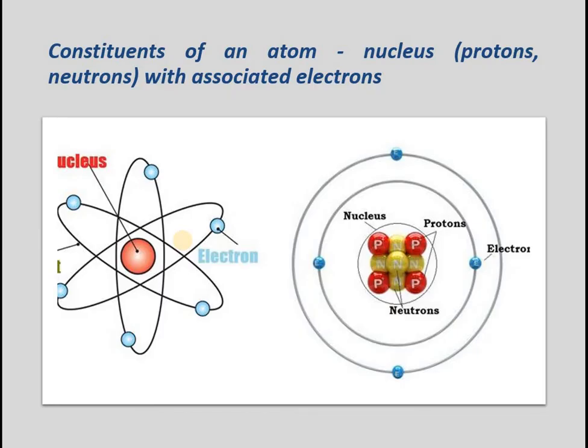So what are the constituents of an atom? It has a nucleus inside and there are orbits where the electrons revolve around the nucleus. It's the basic structure of an atom, where you have protons and neutrons in the nucleus, and surrounding the nucleus there are orbits where electrons revolve around the nucleus.